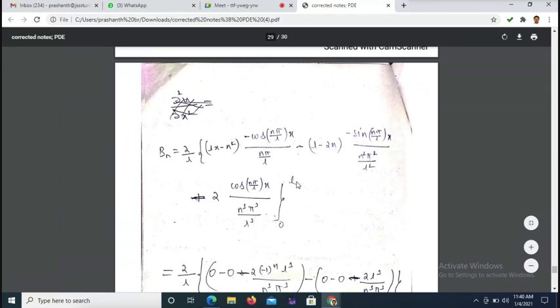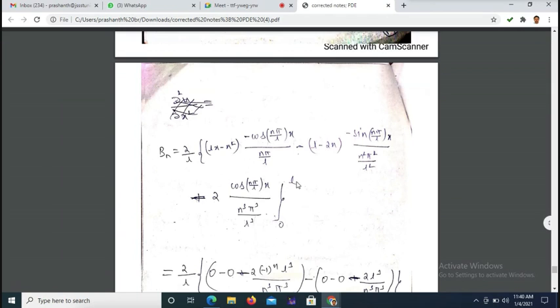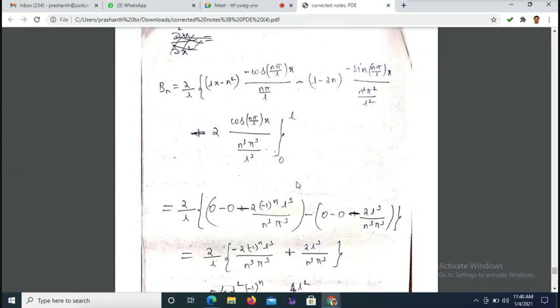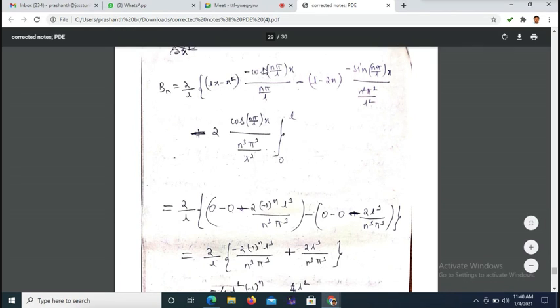Now apply the limit. Apply the upper limit. If you apply the upper limit, just observe here, L into L, because the upper limit is L into L, L square minus L square, 0. Here also LL gets cancelled, sin n pi is 0. So sin here also 0, here also 0, 0 minus 0. Here if you substitute L, you'll get plus cos, LL gets cancelled, minus 1, minus 2 there.